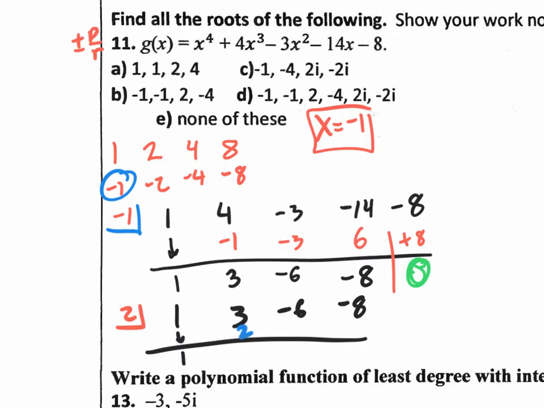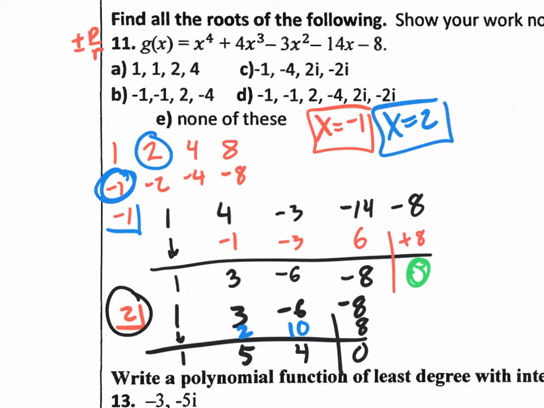As you go down, you combine. 3 and 2 is 5. As you go up, you multiply. 2 times 5 is 10. As you go down, you combine. Negative 6 and 10 is 4. As you go up, you multiply. 2 times 4 is 8. Luckily, we get 0, so we know that 2 is also an answer. So far, we have negative 1 as an answer, 2 as an answer.